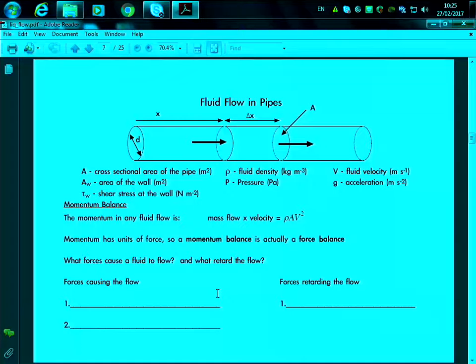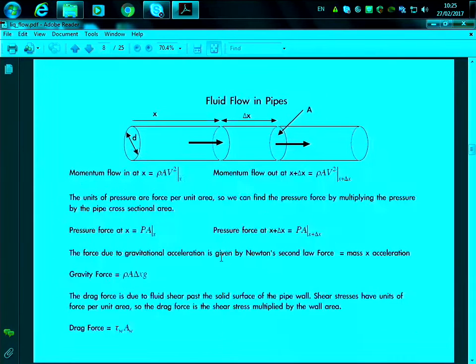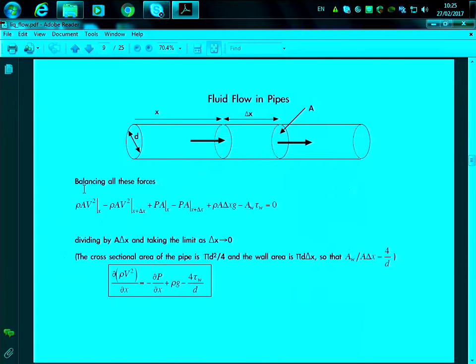And this will be the friction force, which is expressed by the area of the wall. Very carefully, this area of the wall is not the same as the cross-sectional area of the pipe. So it will be a different value times the shear stress, which is tau. That will be the friction of the wall.